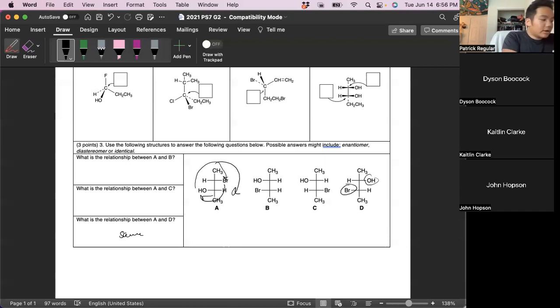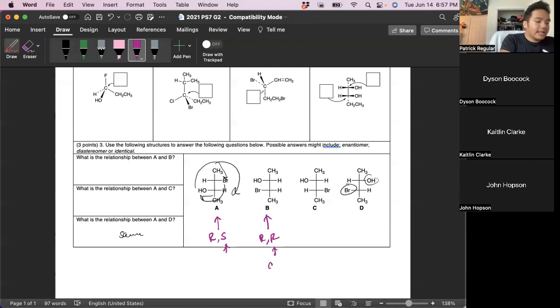And all you have to do for identifying if things are enantiomers or diastereomers is look at the R and the S configuration. Because remember, Fischer projections are relative configurations. If your point of view or frame of reference is A, right? Let's say A again was RS, hypothetical. I don't actually know that off the top of my head. But if B was, for example, R, there's only one difference.